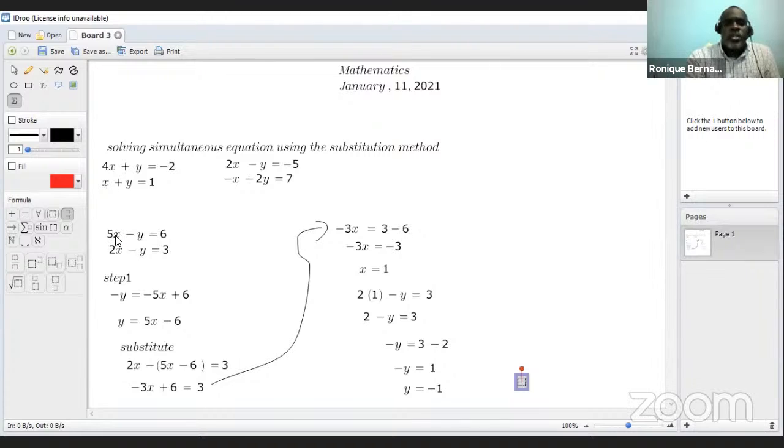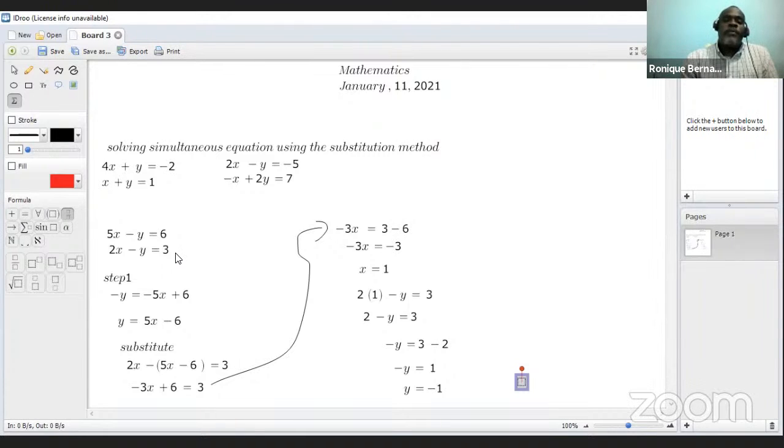If x is 1, 5 times 1 is 5, and if y is negative 1, then it becomes positive when you replace it in the first equation. So it'll be 5 plus 1, which is 6. So that's correct. Let's test it in the second equation. x is 1 again, y is negative 1, becomes positive. So 2 plus 1 equals 3. So the answer is correct. Very good, Tangini.